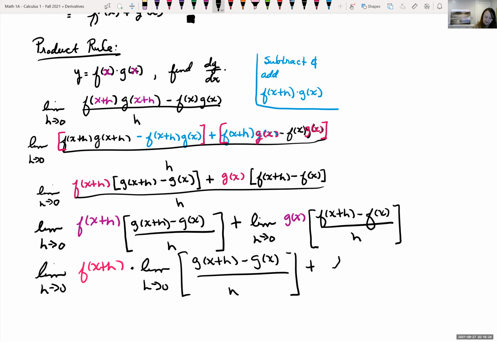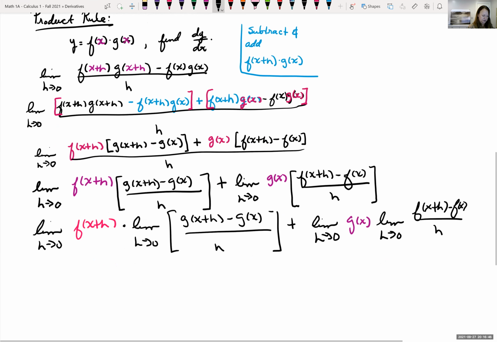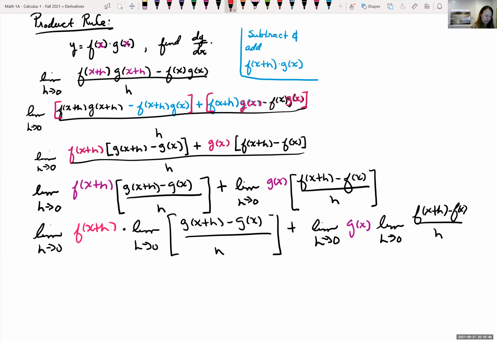plus the limit as h goes to 0 of g of x times the limit as h goes to 0 of f of x plus h minus f of x, all over h. So let's look at this limit as h goes to 0.